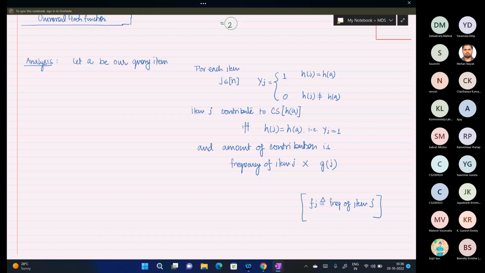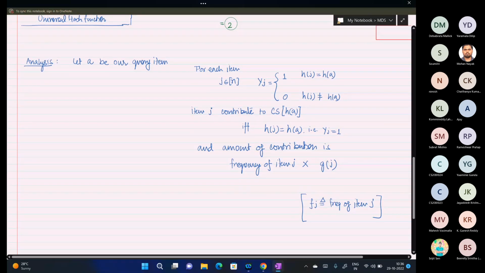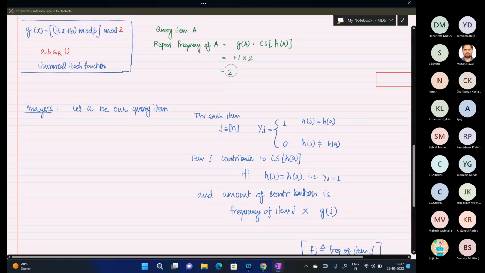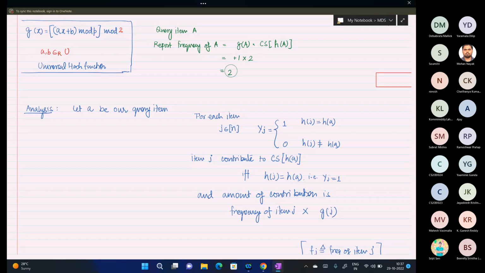Okay, so I'll repeat it once more. Some other item j contributes to the bin in which our query item has been mapped only if h of j is equal to h of a, that is, yj is equal to 1, and the amount of contribution is the frequency of that item j into g of j.